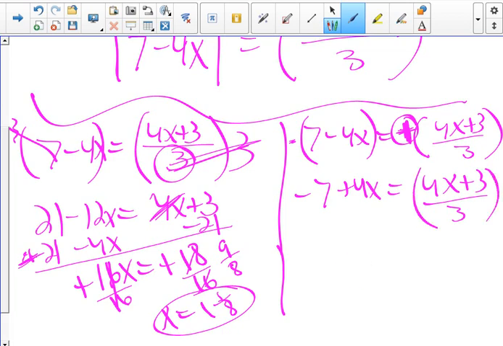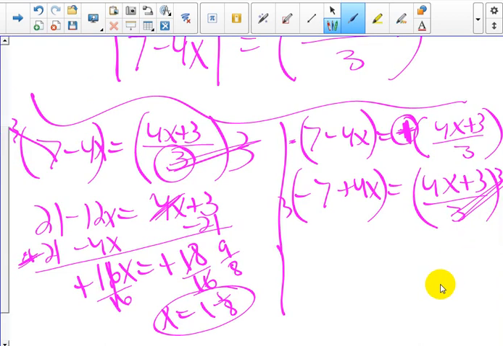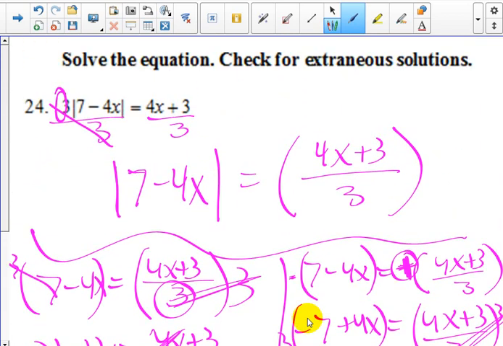Now multiply both sides by 3, and this clears, and we have negative 21 plus 12x equals 4x plus 3. Subtract 4x from each side, and you get 8x. Add 21 to each side, and you get 24. Divide each side by 8, and you get that x equals 3. So there are my two answers: x equals 1 and 1/8, or x equals 3.